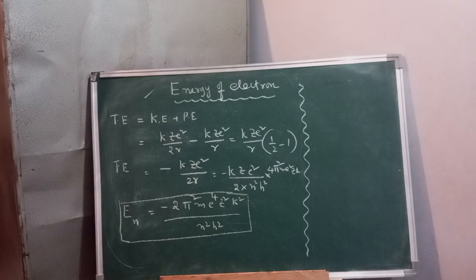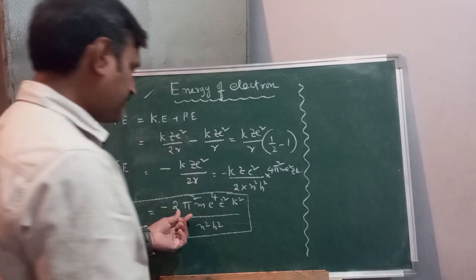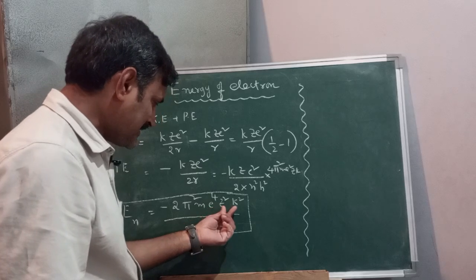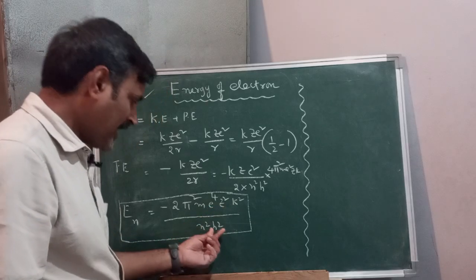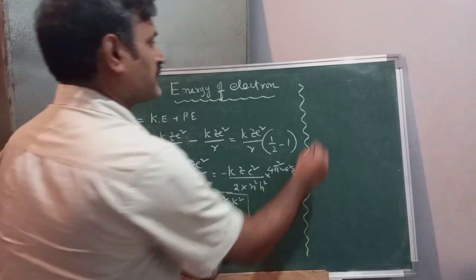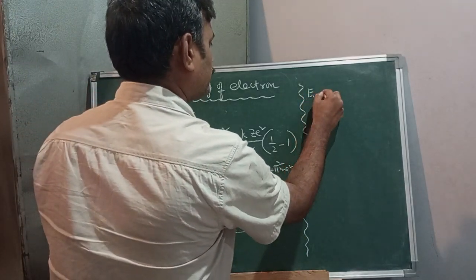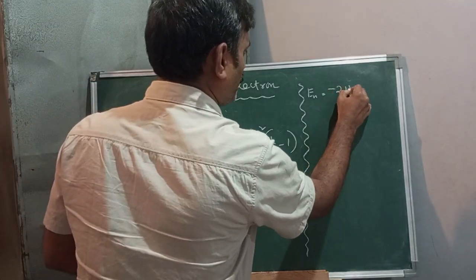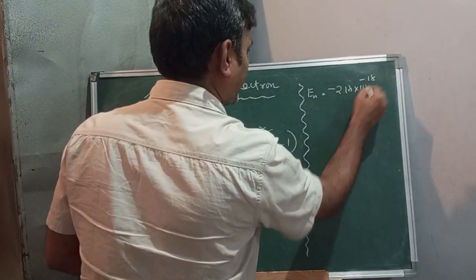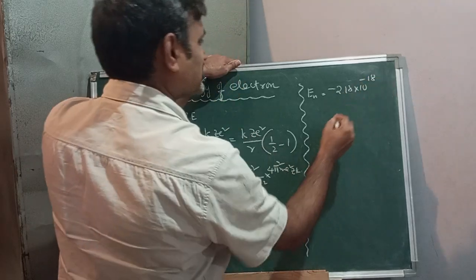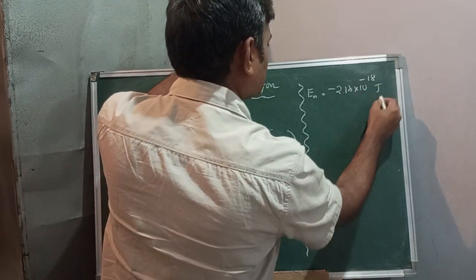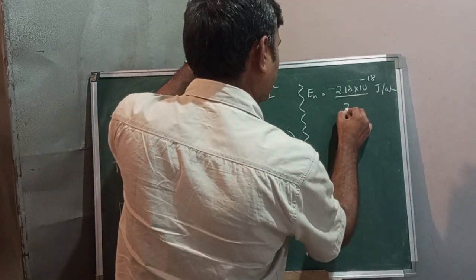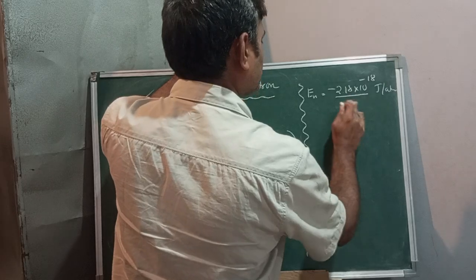Let us see. If you substitute all these values like pi, m, e, k and h in this formula, we will get the energy of the nth orbit in Bohr's concept as minus 2.18 into 10 to the power of minus 18 joule per atom, by n square, into z square.